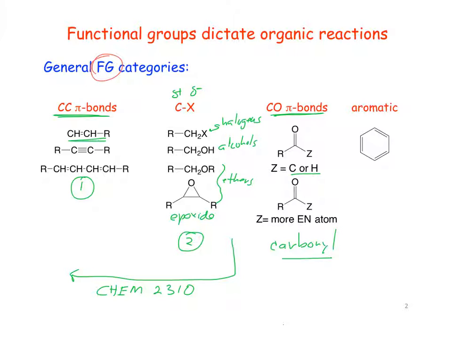This gives us one category, or they can be connected to some more electronegative atom. In this case we have about 5 or 6 different carbonyl groups, and it's a challenge in this section because they all have some similarities, but each different group is a little bit different as well.